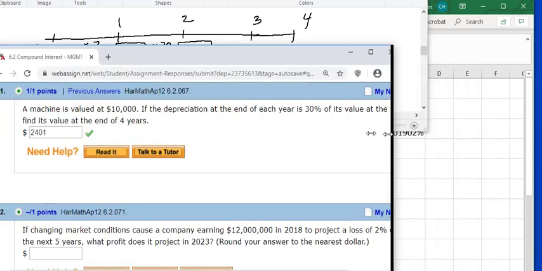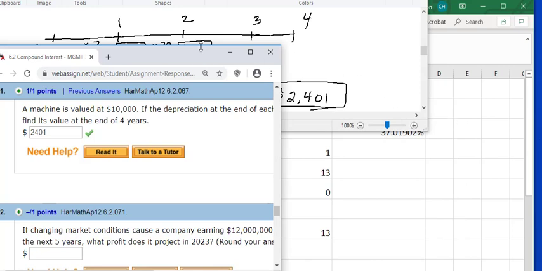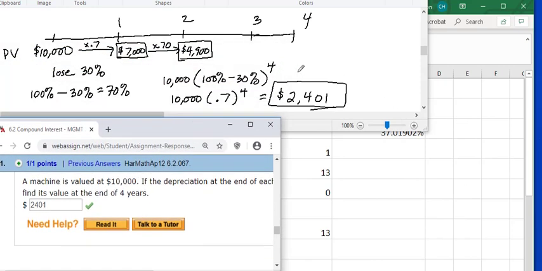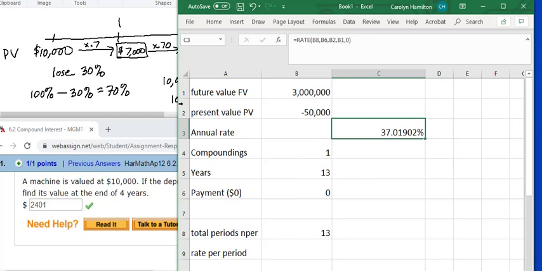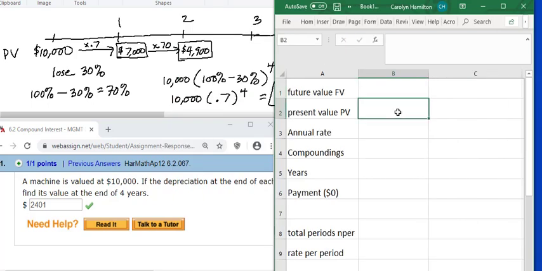Okay, how would we do that in Excel? Well, I'm glad you asked. We're trying to find the future value. The present value is 10,000. The annual rate, okay, this is a rate of interest. So Excel expects a positive number, but if it's declining, I'm going to put in a negative 30%, so it's losing 30% of its money.